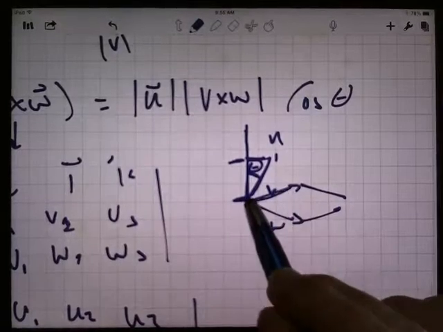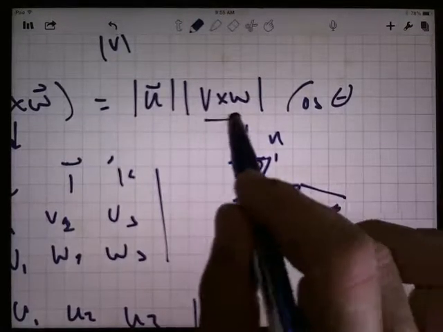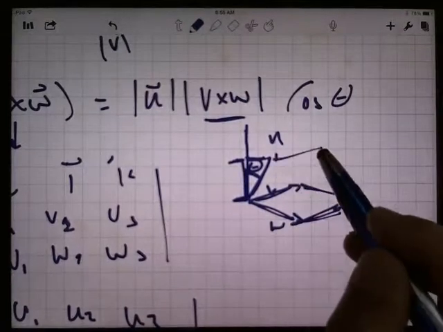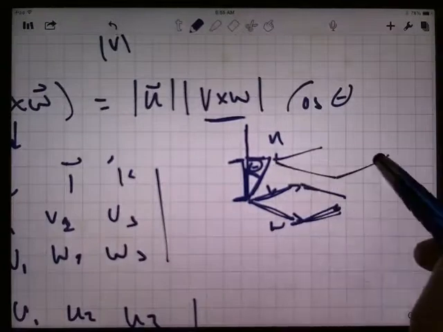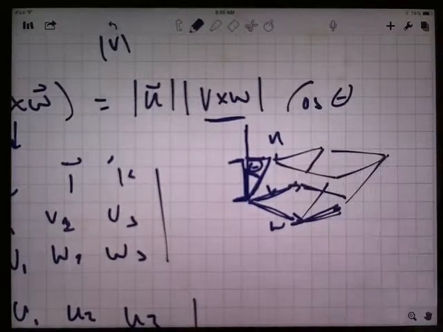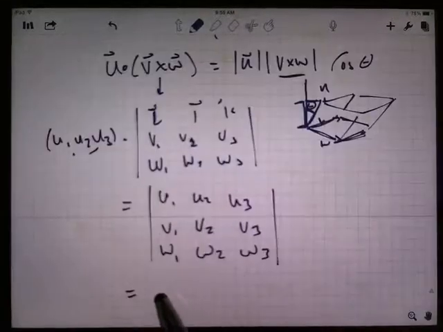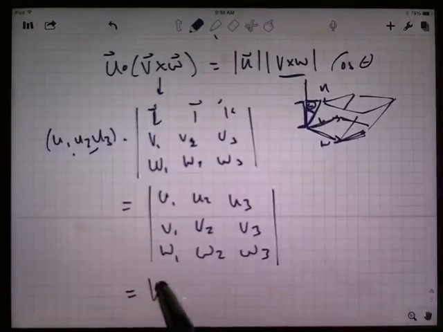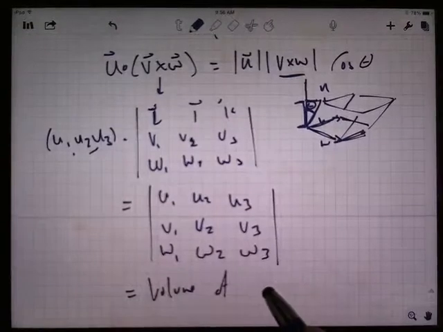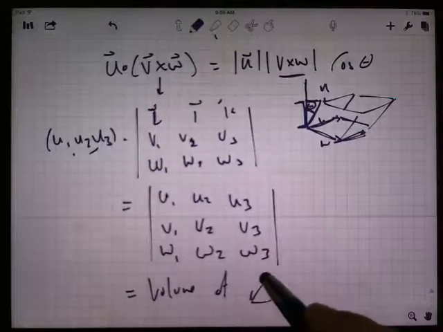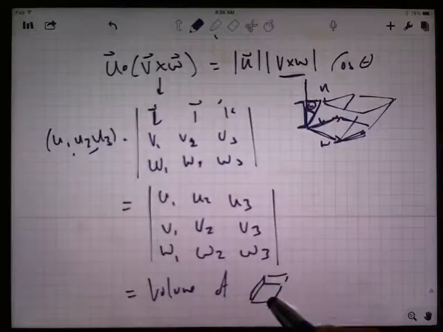And so if I have the area of this base, which is this, times this height, it is exactly the volume of the parallelepiped determined by those three vectors. Right? So this is equal to the volume of the parallelepiped. And I don't know how many parallelepipeds you've ever drawn in your life, but I've drawn a few of them. Anyway, they look like, you know, kind of squashed cubes.